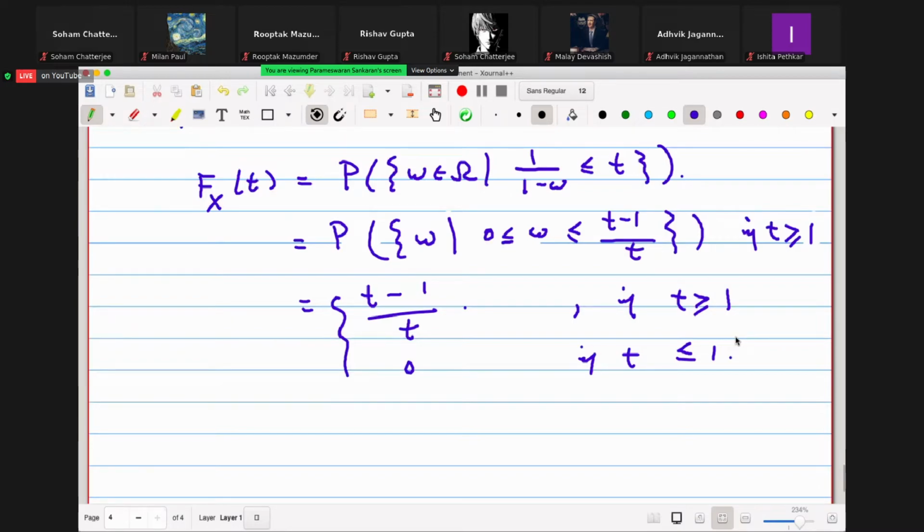So the question is, whether X is a continuous random variable or not will depend on the following.